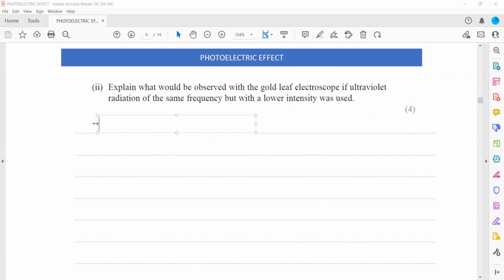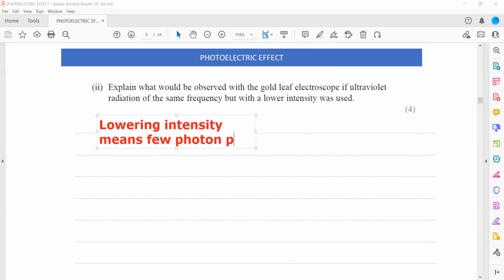For the marks distribution, number one, you have to mention the effect of lowering the intensity. Lowering the intensity means few photons every second from the source. That is one thing.